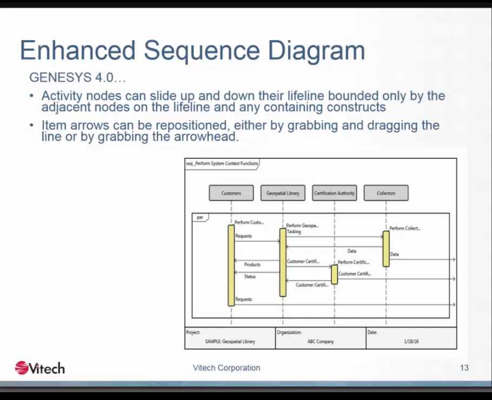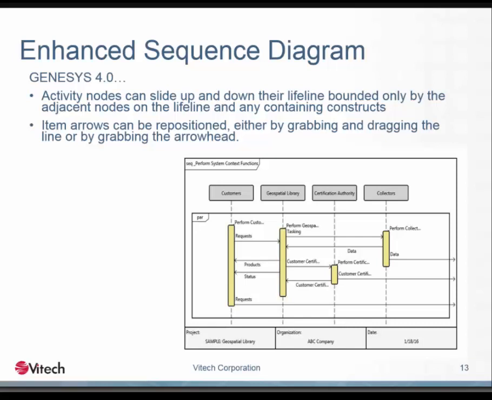Rather than allowing you to accidentally misrepresent the sequencing and flows as they are constructed in the model, Genesys performs a static analysis of the behavioral model and computes the position of the activities on the lifelines based upon this analysis. While that's really valuable, this embedded intelligence was also a weakness in the sequence diagram as it was implemented before.